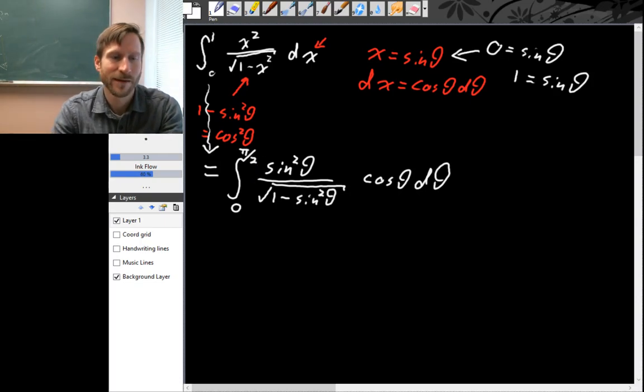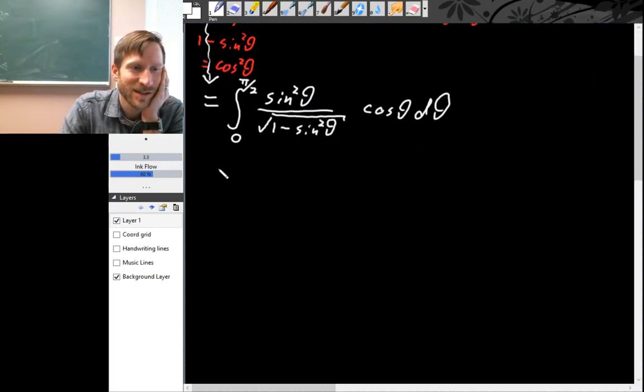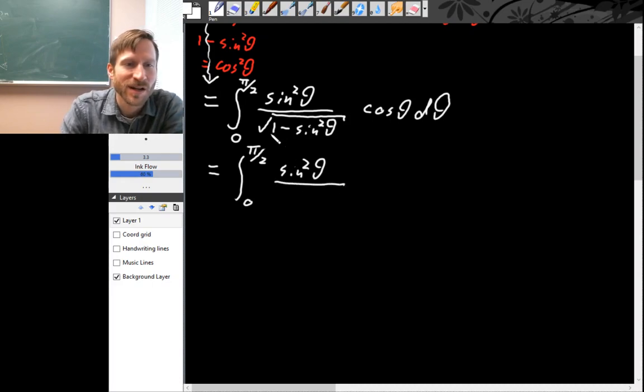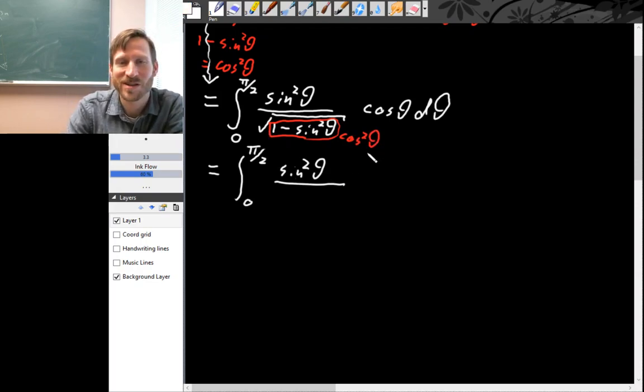Okay. Now we should simplify this expression. So the integral from 0 to pi over 2 of sine squared theta over, now the stuff inside the square root, this 1 minus sine squared theta, is cosine squared theta by that Pythagorean identity, and the square root of cosine squared theta is, well, you want to say it's just cosine theta.